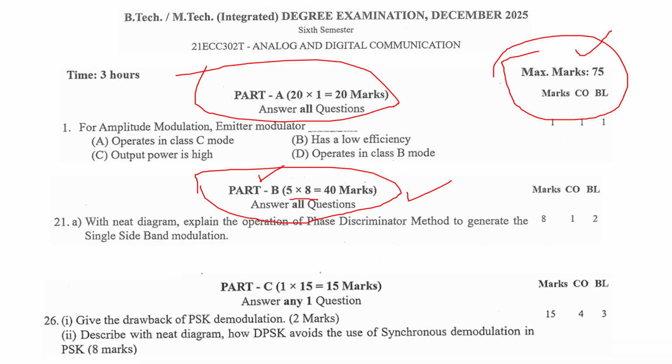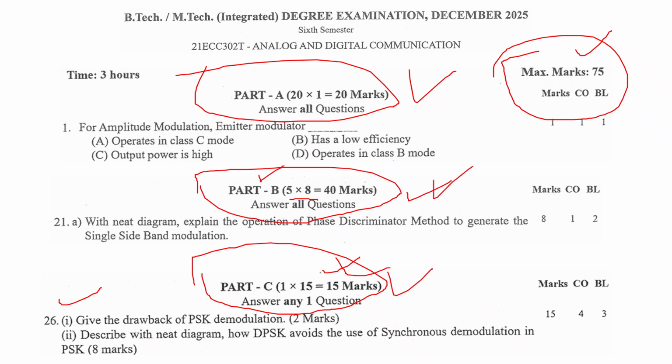Part C is one question only, either or. Here you have to solve question number 26 or 27, and this question is of 15 marks, right? So 20 plus 40 plus 15 is equal to 75.